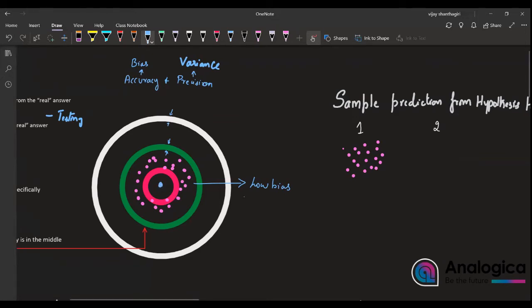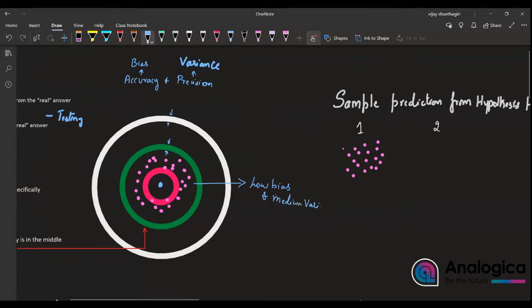Low bias, but the variance is not high, but sort of high. We'll draw that. This is low bias and, let's say, medium variance.